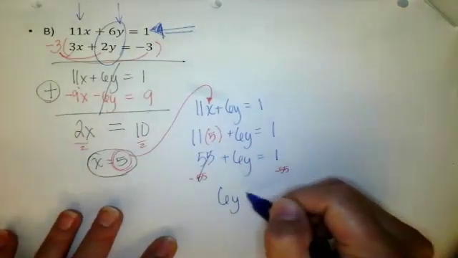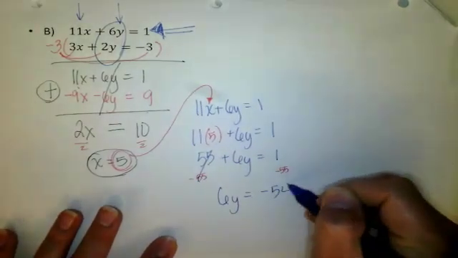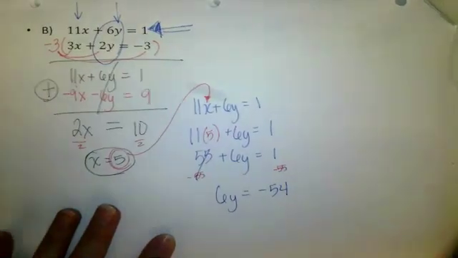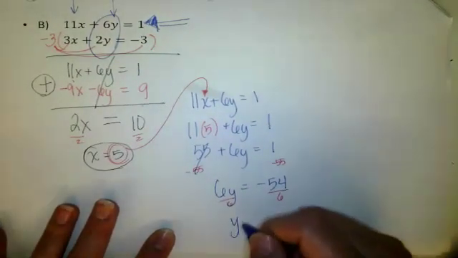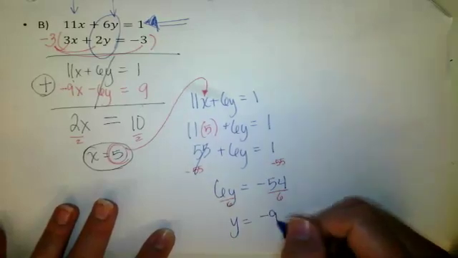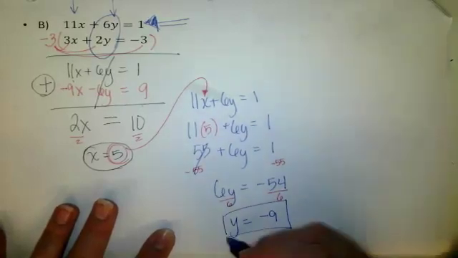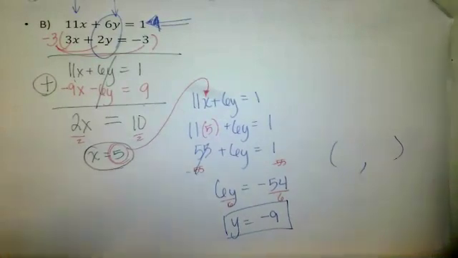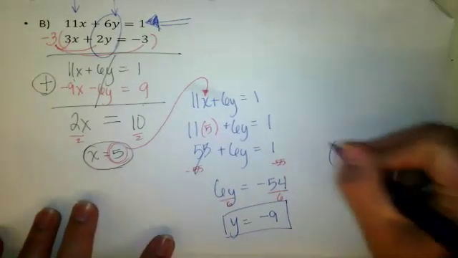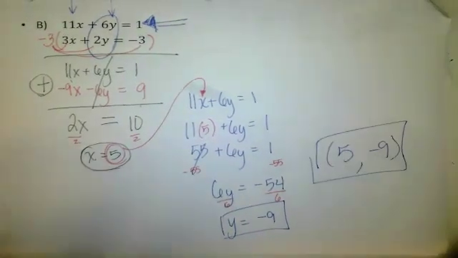So 6y equals negative 54. And then we can divide by 6. So y equals negative 9. What's the ordered pair? 5, negative 9.